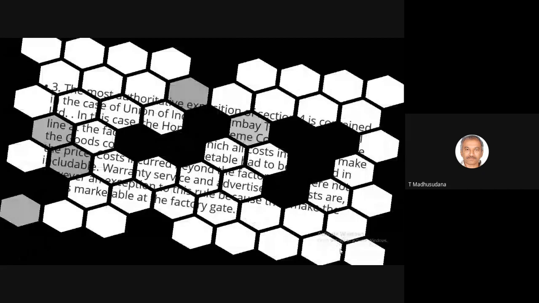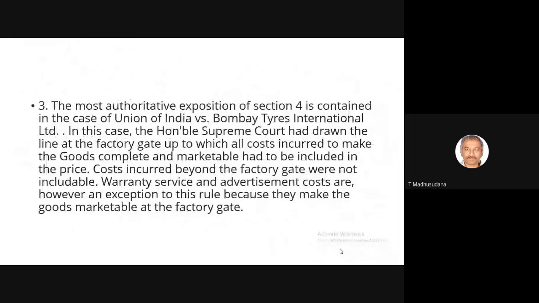Next, number three, the most authoritative exposition of section 4 is contained in the case of Union of India versus Bombay Tyres International Limited.